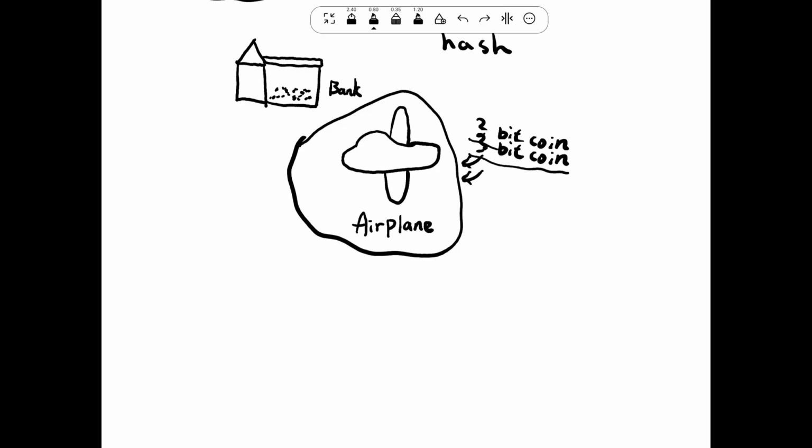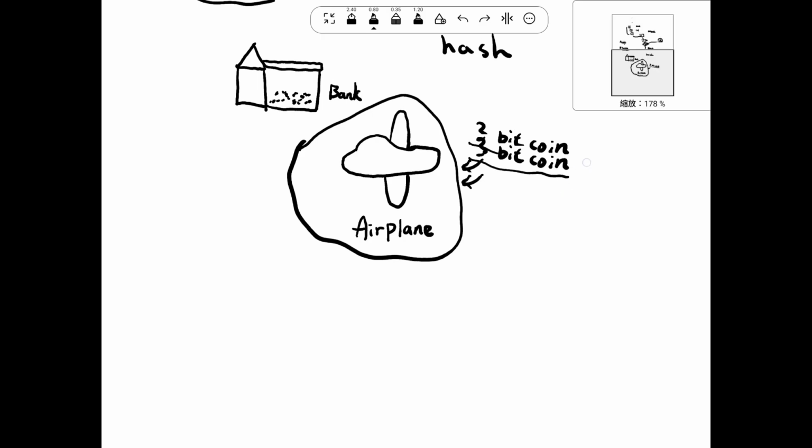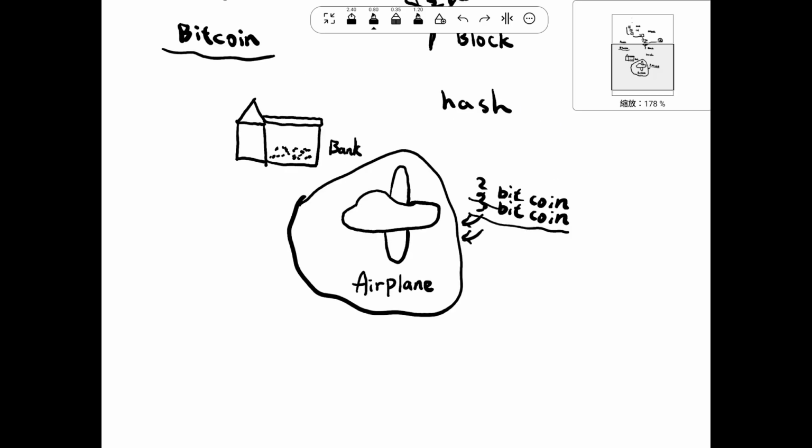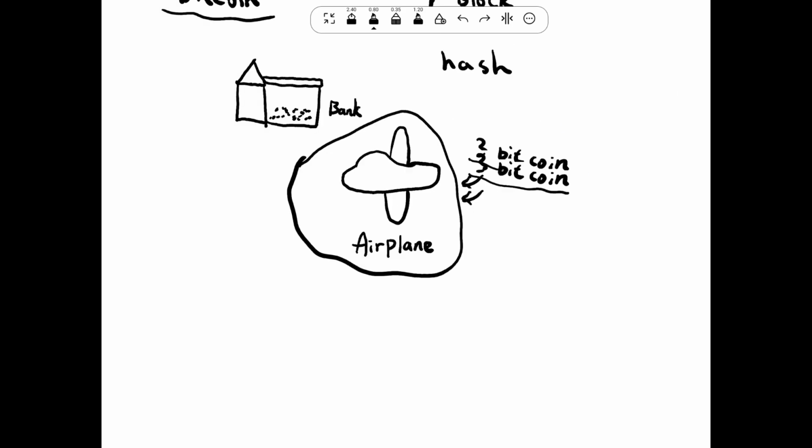If the seller considers Bitcoin to be money, you can use the 3 Bitcoin to buy the airplane. But if the seller doesn't consider it money, you can't buy it, because cryptocurrency, like Bitcoin, is not defined in the law.